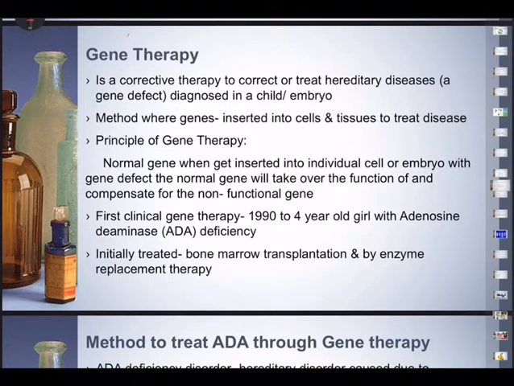It is the method where genes are inserted into the cells or tissues to treat diseases. The principle of gene therapy is that when a normal gene is inserted into individual cells or an embryo with the gene defect, the normal gene will take over the function of and compensate for the non-functional gene.